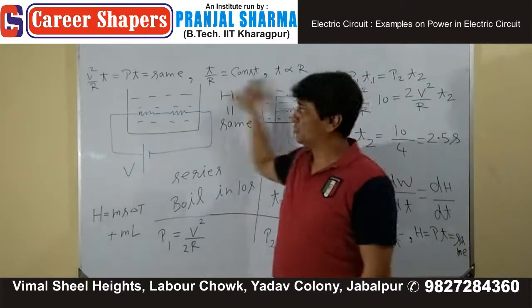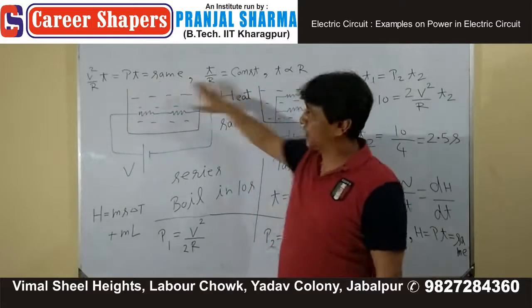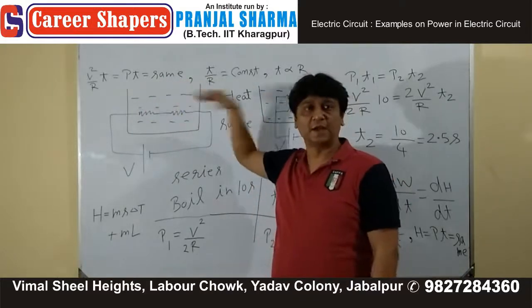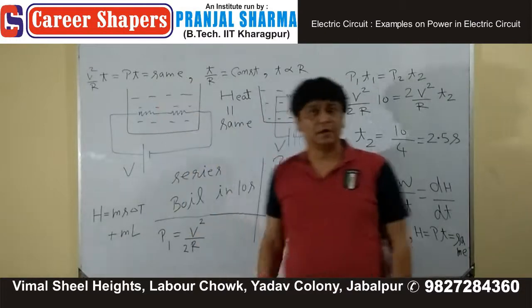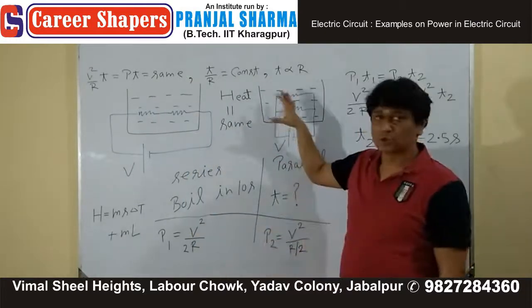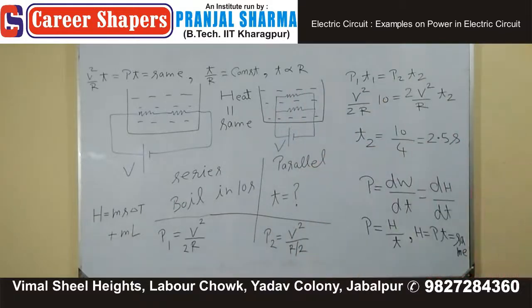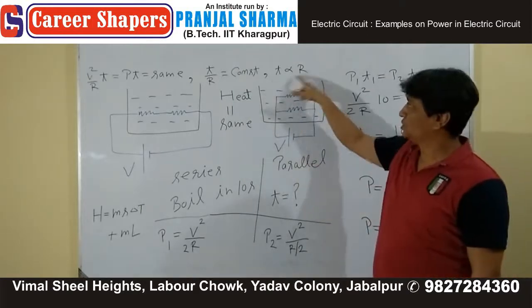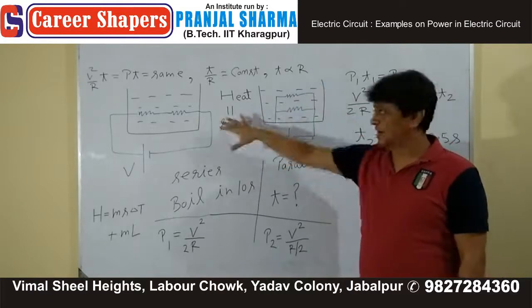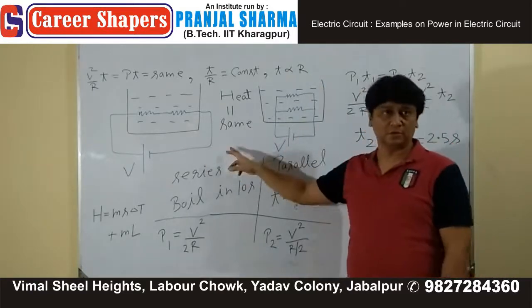So don't forget to note down this. This is the way you will answer these things in any objective examination. And again, to answer the question in now 5 seconds, just 5 seconds, you can remember like this: T is proportional to R for a setup like this if you've got same voltage.